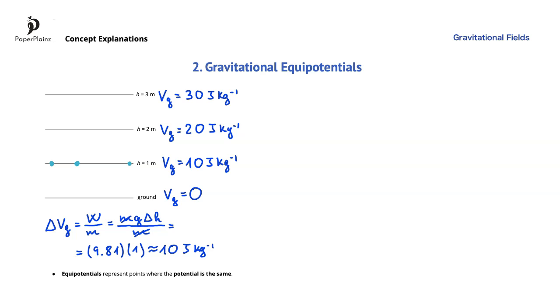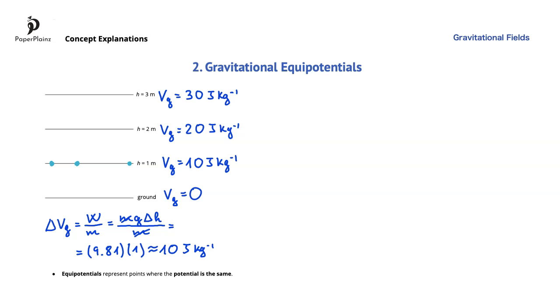When we are working in 2 dimensions, so for example on a screen or a piece of paper, we have equipotential lines, while in 3 dimensions we have equipotential surfaces. So for a shelf, as we have seen here, the equipotential surface is the entire horizontal flat area of a given shelf.